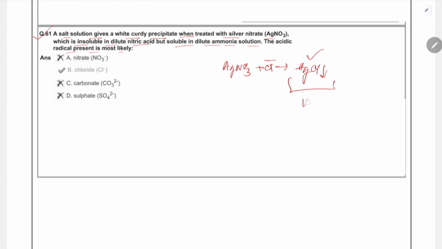This is insoluble in nitric acid, but soluble in ammonia solution, because it forms Ag(NH3)2+. So B is the correct answer.